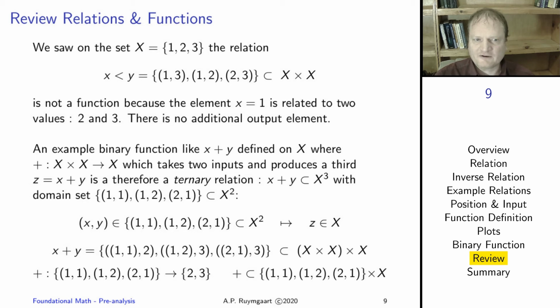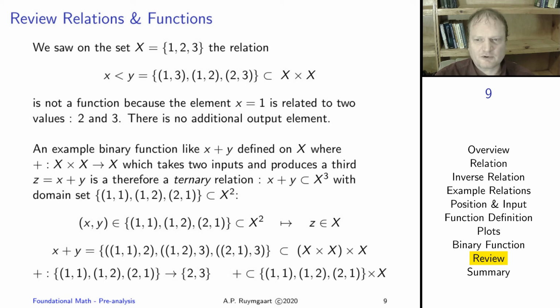So we're defining our domain to only have three ordered pair input elements in it: the ordered pairs (1, 1), (1, 2), and (2, 1). And we're doing that because additional elements, ordered pairs with higher numbers, produce a result, a z number that is not in X in this case.